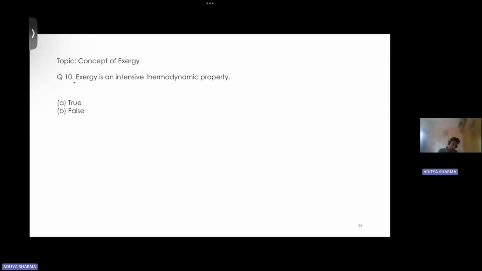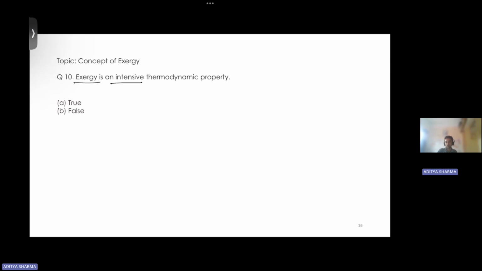Okay, so the statement says exergy is an intensive thermodynamic property. So intensive thermodynamic property, as we know, is that property which does not depend on the extent of that property. For example, pressure. Pressure is an extensive property, right?